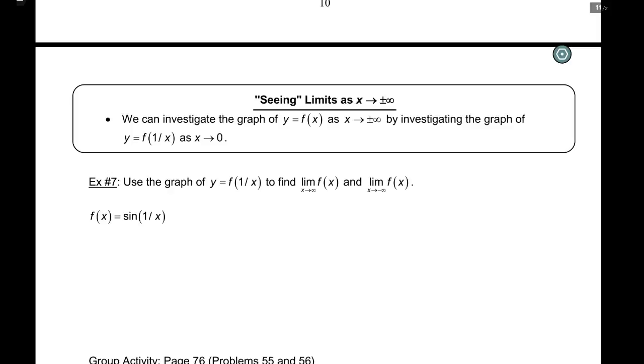So if I want to investigate the limit as x approaches infinity of 1 over x, another way to investigate this would be x approaching 0 from the right.